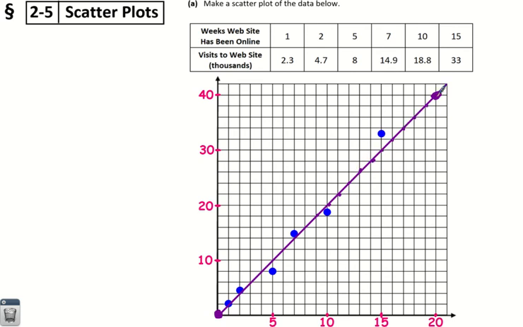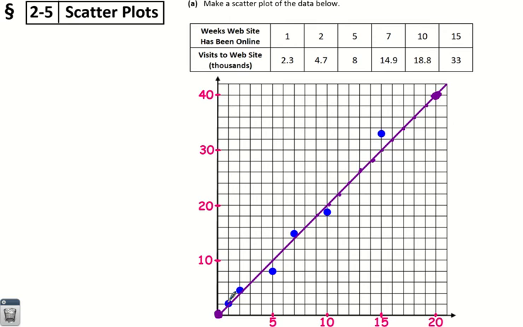So we can say every week, this is even better, every week it seems like we're gaining roughly 2,000 visits. There are 2,000 more hits every week. So you can use that rate to think about how many hits there would be after 52 weeks. And that, my friends, is basically using the concept of slope without even realizing it.